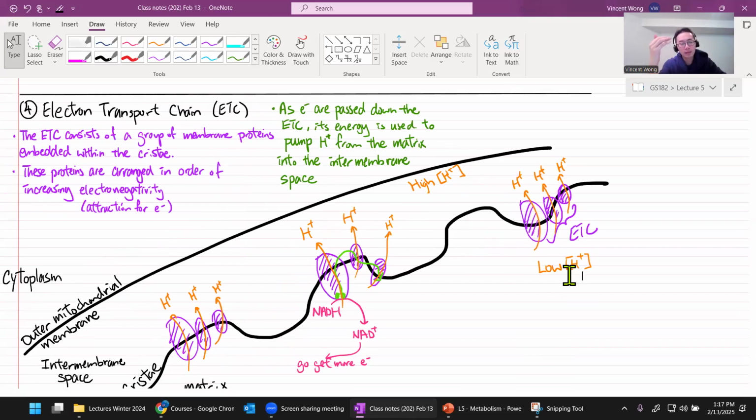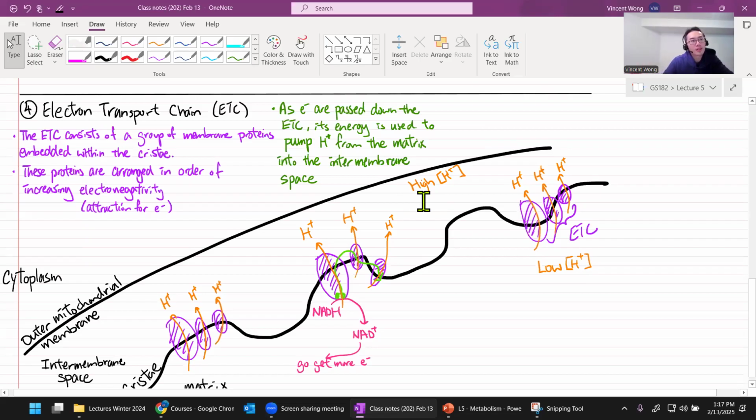Which way do the hydrogen ions naturally want to go? Do they want to naturally go into the matrix or into the intermembrane space?